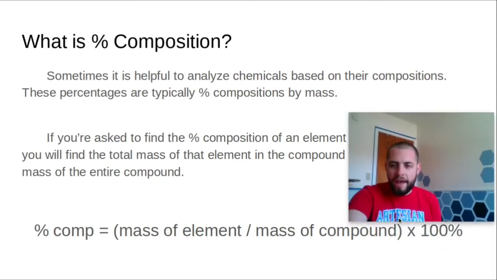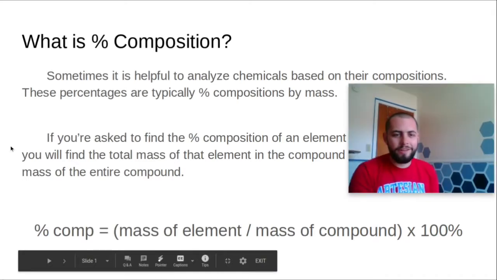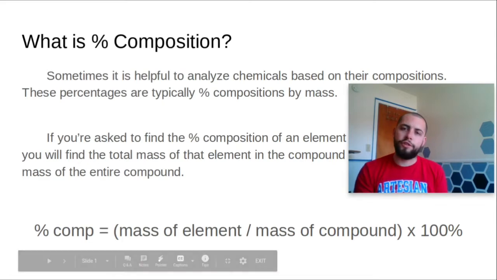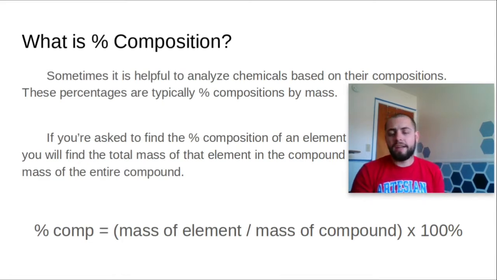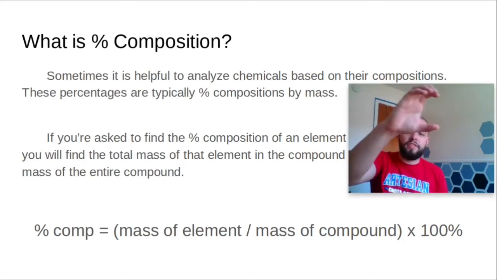So I do have a formula down here. If I move myself out of the way here, the percent composition is equal to the mass of the element divided by the mass of the compound, and multiply all of that by 100%. So if I'm looking for the percentage of an element in a compound, in the numerator I've got just the mass of that element.